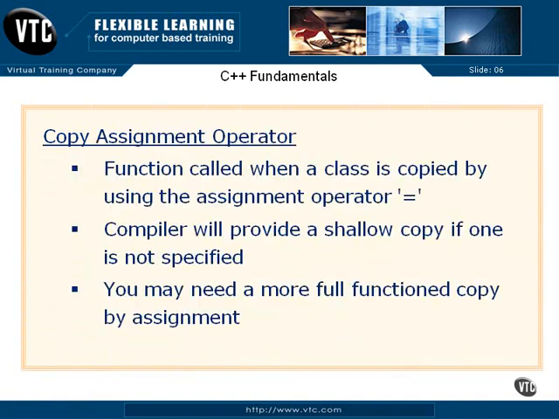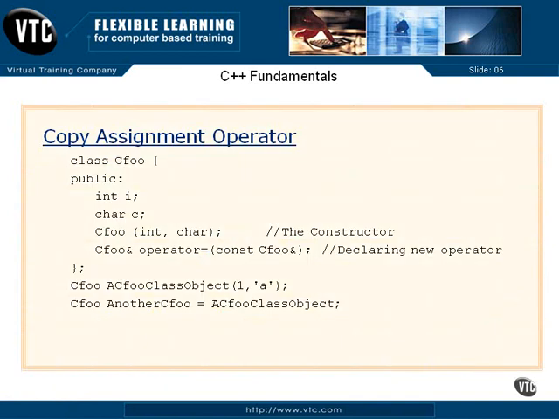Now, a copy assignment operator. This is the function that is called when a class is copied one into the other by using the equals, the assignment operator. Again, the compiler will provide a shallow copy if you don't specify one, but for the same reasons, you may need a more fully functional copy by assignment. Here's what this one looks like. Here's our other constructor.